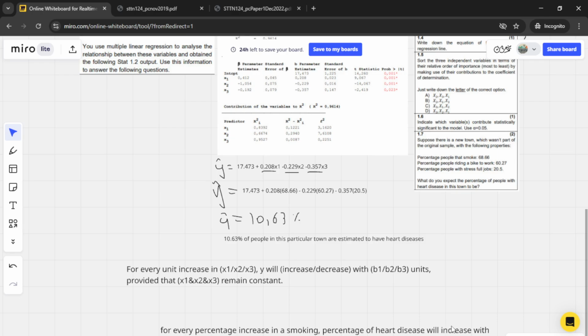It will decrease with 0.229% provided that smoking and stressful job percentage remain constant. So that is how you interpret the values of B1, B2, and B3.